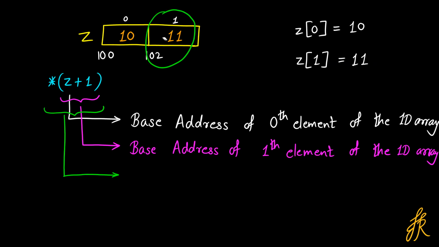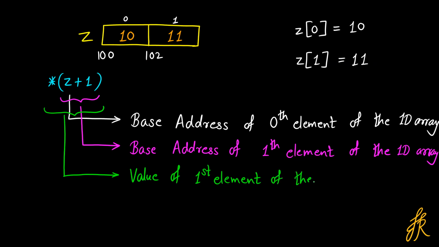If we go one level inside, put a star, we'll get 11, the value of the first element of the 1D array. Fine. We'll get the value now.